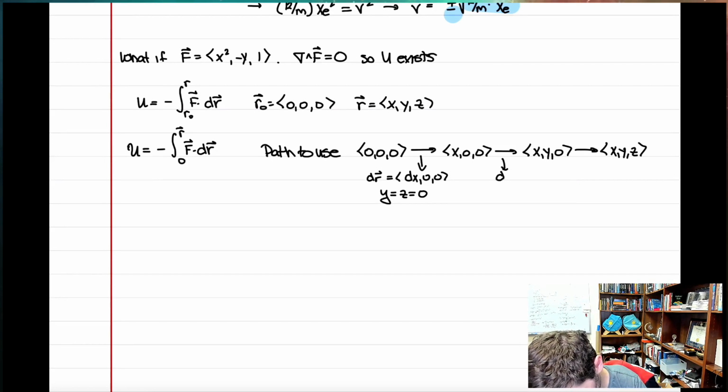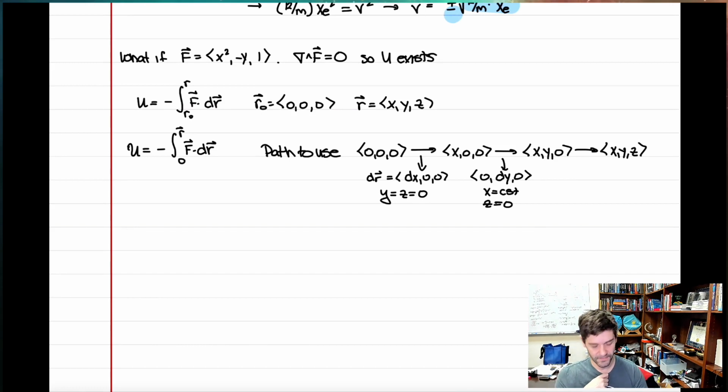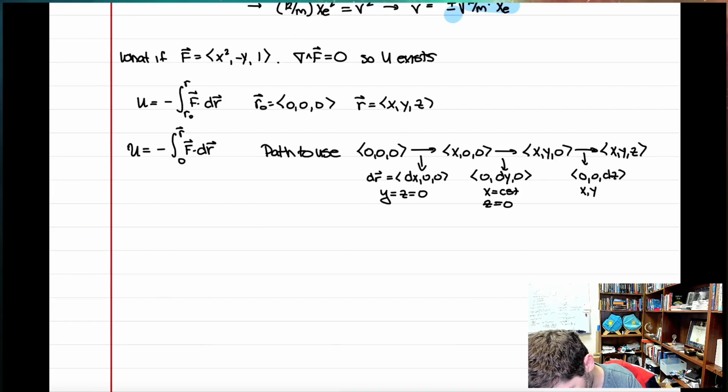In the next case, it's only really dy that matters. And then x is just a constant, right? You just hold it as x, but then z is still 0 while y changes. And finally, your dr is 0, 0, dz, and x and y are constants, and then z is allowed to change.